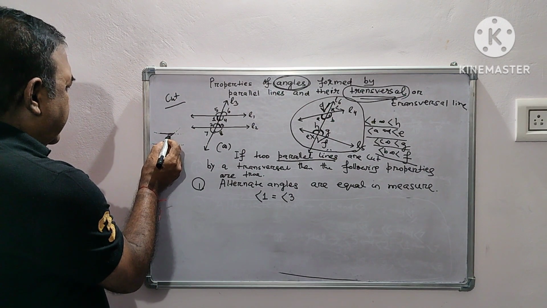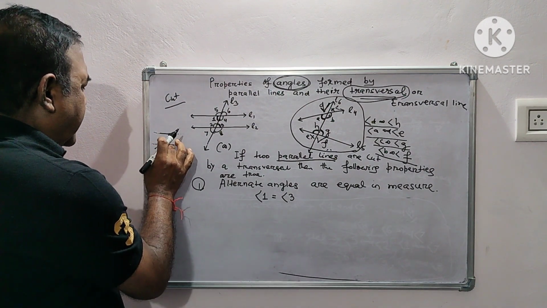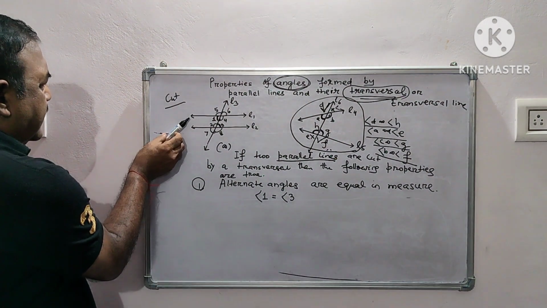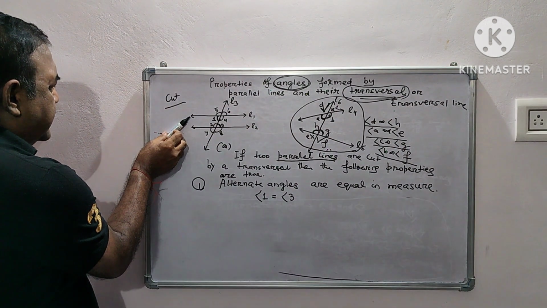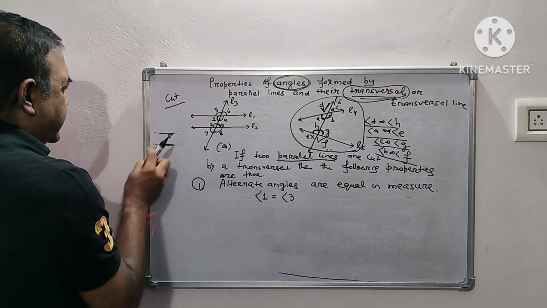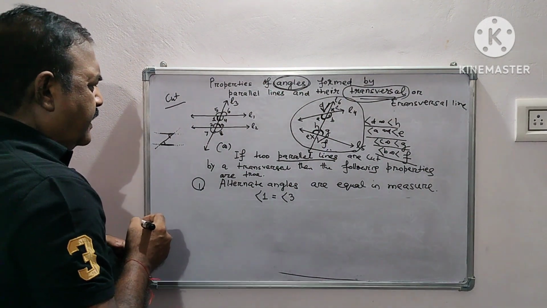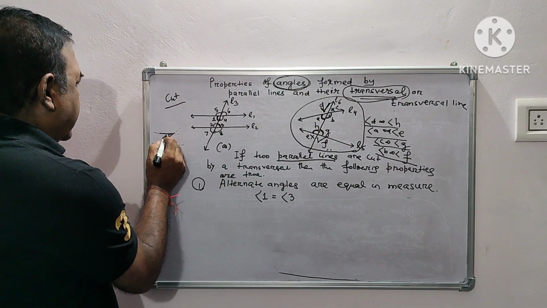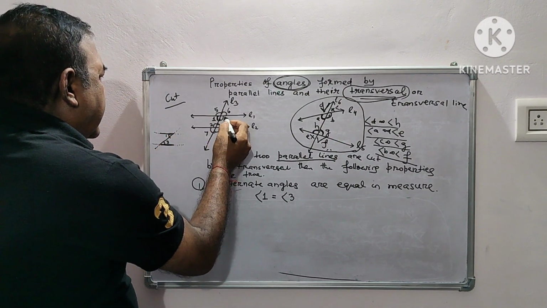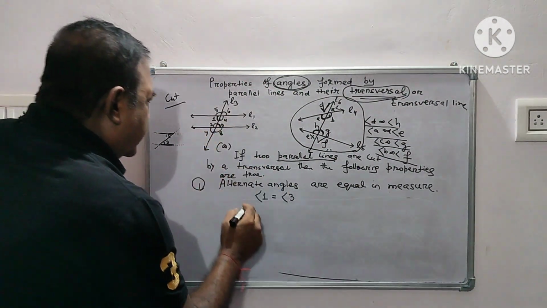So this angle and this angle. This is one pair of alternate angles. This line of the letter Z is the transversal. So two parallel lines are cut by a transversal, so we have a pair of alternate angles, and they will be equal in measure. Suppose this is 1 and this is 3. Next you see angle 4, angle 2, or angle 2, angle 4. From which angle you may start?